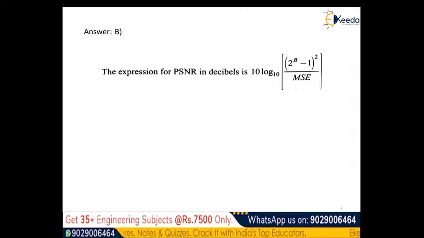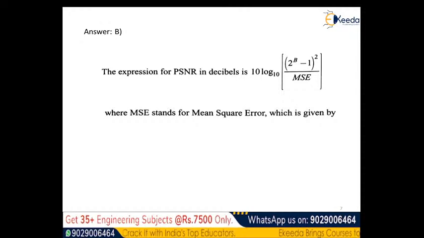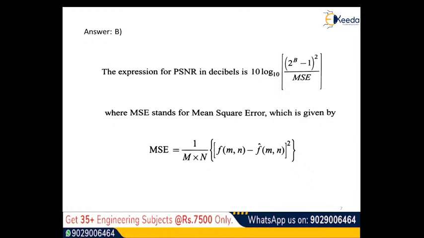So what exactly is the mean square error? Mathematically the formula is MSE equals 1 by the product of both dimensions, capital M by capital N, multiplied by the sum of the square of the difference between f of m comma n, the original image, and f cap of m comma n, the representation of the reconstructed image.